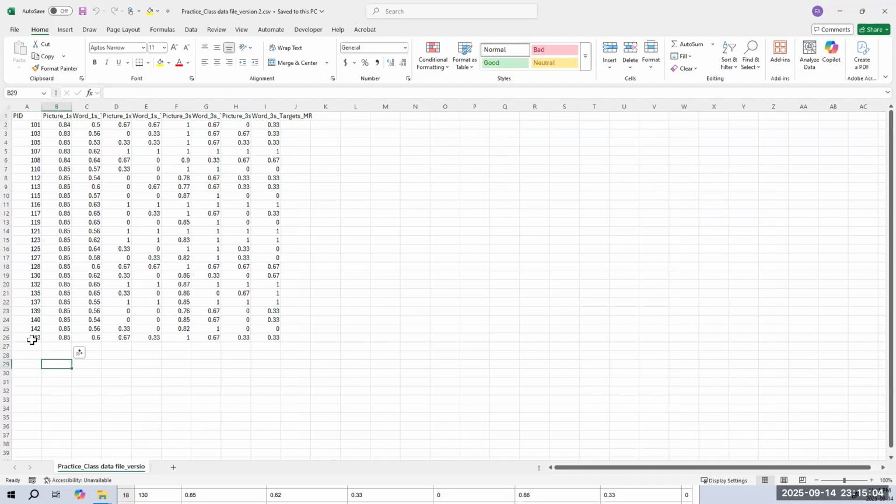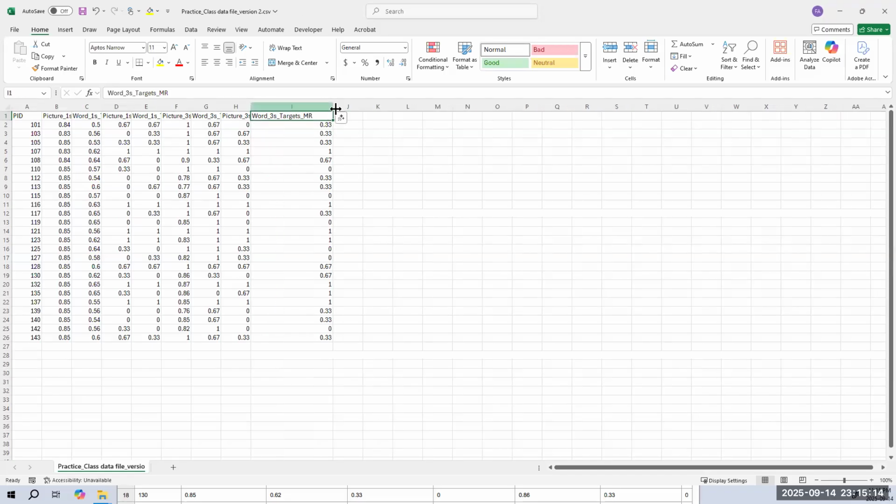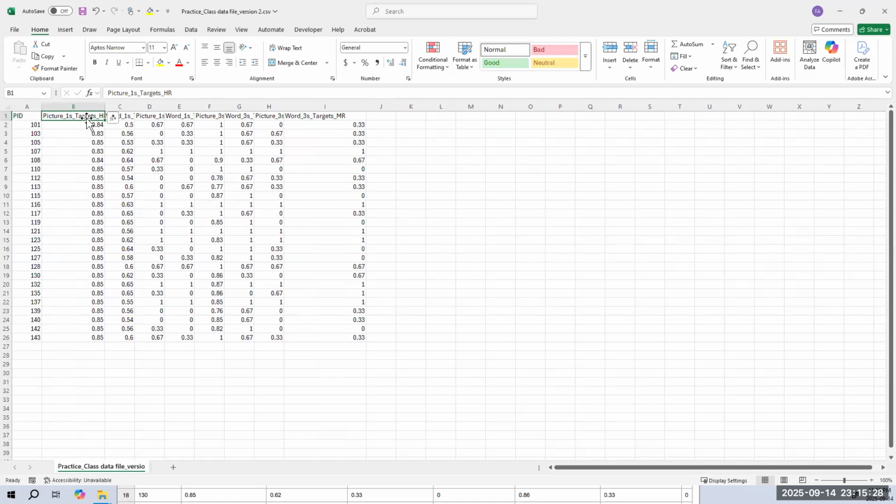So you have around 25 participants, and then the picture is presented, the word is presented, word, picture, word, target over here, picture, word. And so this one is picture presented for 1 second, and then there is the target presented. So what does this mean? So pictures were presented during the study phase for 1 second.